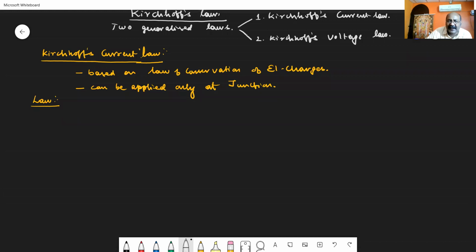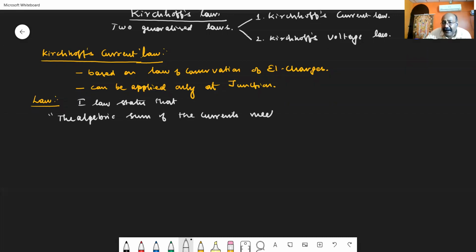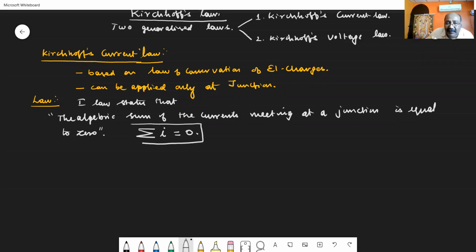Kirchhoff's current law, or Kirchhoff's first law, states that the algebraic sum of the currents meeting at a junction is equal to 0. Mathematically, I write this as sigma I equals 0.